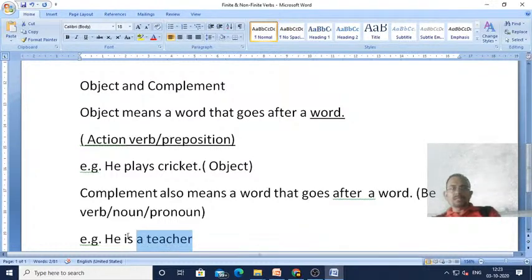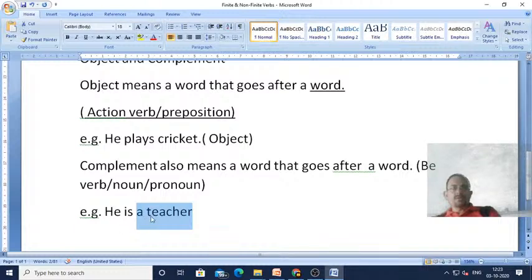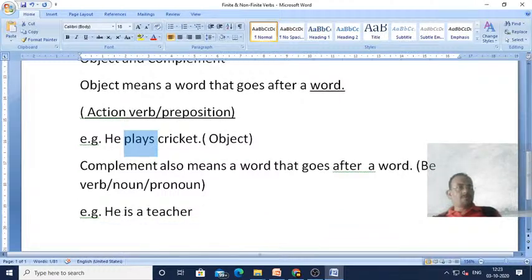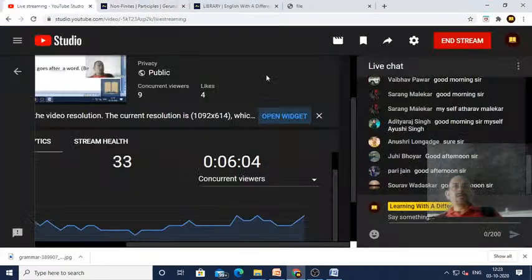Why? Because it is used after the be verb. Understood? Therefore, a teacher is a complement. So, do you understand the difference between an object and a complement? Object means after an action verb, whereas complement after a be verb. This is complement. So that is the primary difference between an object and a complement.